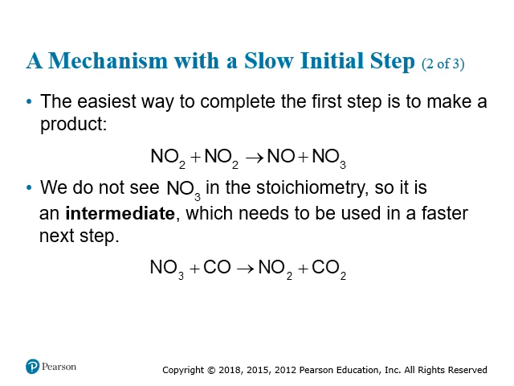It forms during the reaction, but it must be dealt with. It needs to be consumed in the next step. And the next step is going to be a faster step, one in which we see the reaction of this intermediate with carbon monoxide in such a fashion that nitrogen dioxide is formed and carbon dioxide as well.